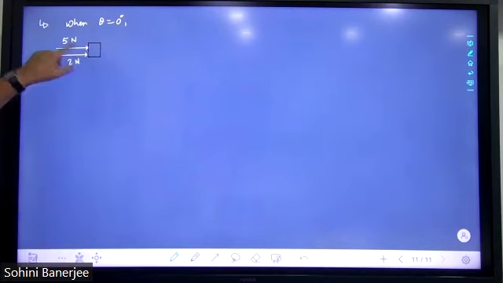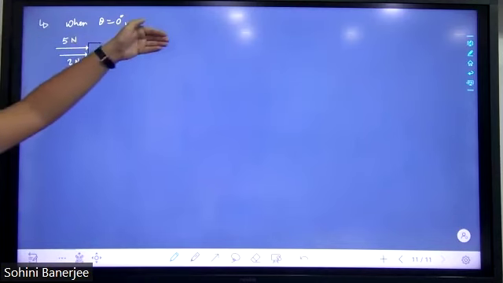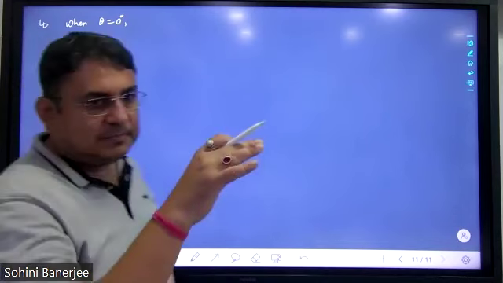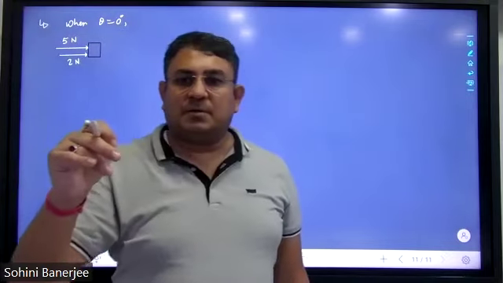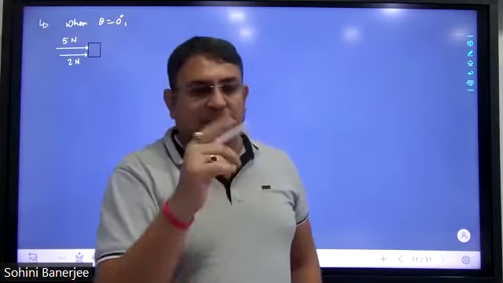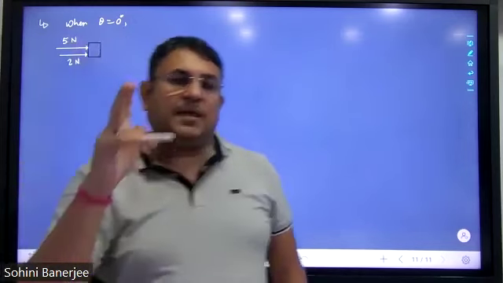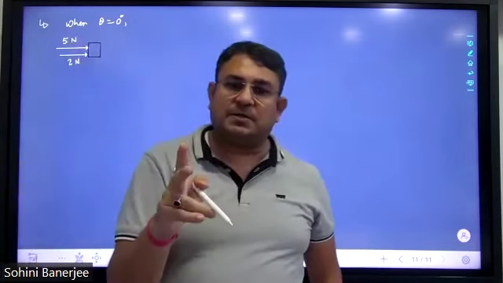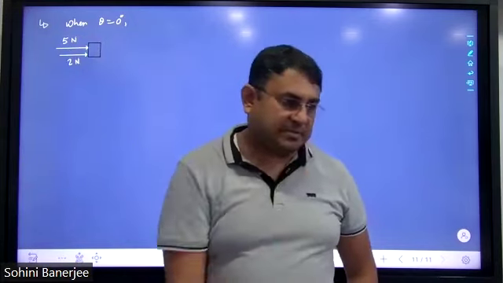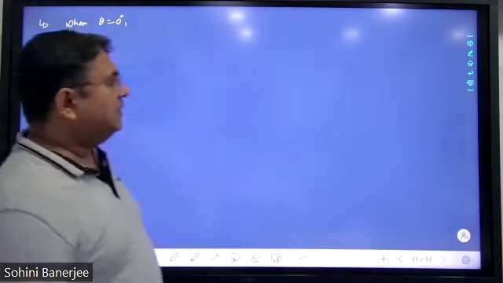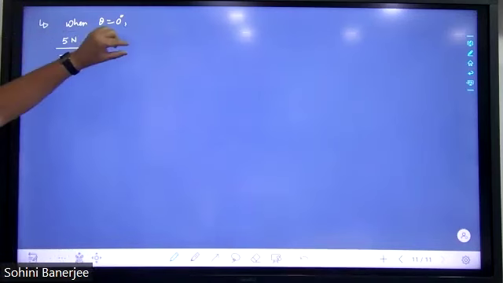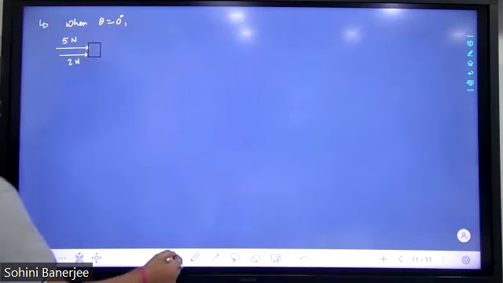So the block is pushed by two forces from the same side in the same direction. So 5 and 2 Newton are in the same direction. It means the angle between them is 0 degree. Angle between two vectors 0 degree means the vectors are directed in the same way. So A and B are in the same direction. So that is theta 0.